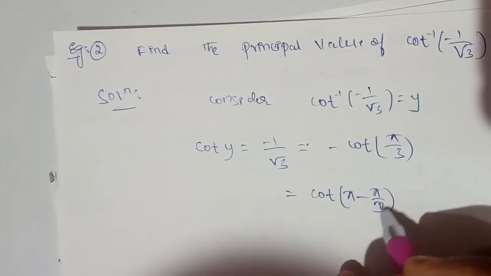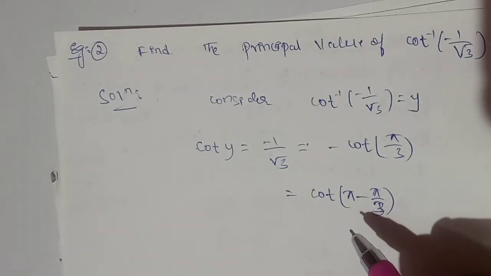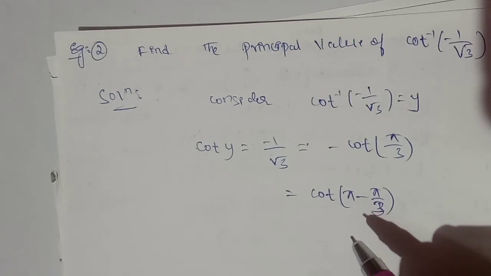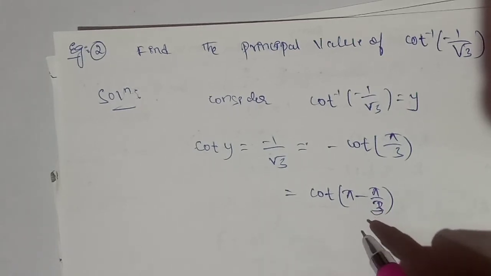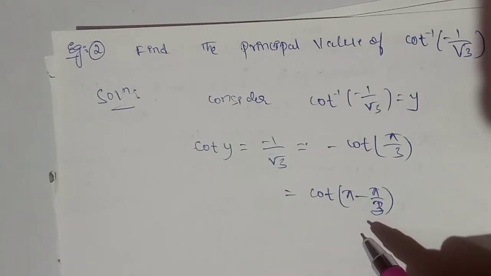Why pi minus pi by 3? In the previous class I explained a table. In that table, the value was 180 minus theta, which lies in the second quadrant where cot is negative. You may have a doubt: why 180 minus theta only, since with 90 plus theta also cot is negative.